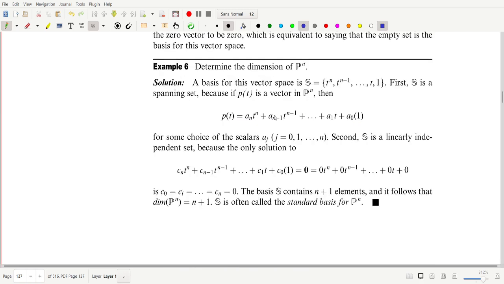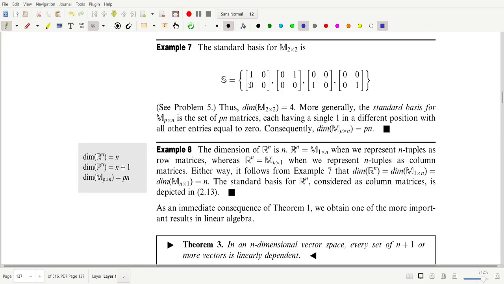Now we have some examples. These are some simple examples, so you go through them. Example 6 and so on. This is example 7. In example 7, we can choose a basis of M22, that means the set of all 2 by 2 matrices. This is one of the bases of M22, because these are all linearly independent.